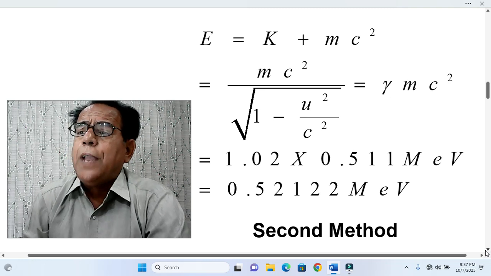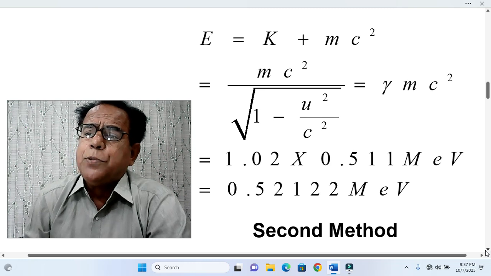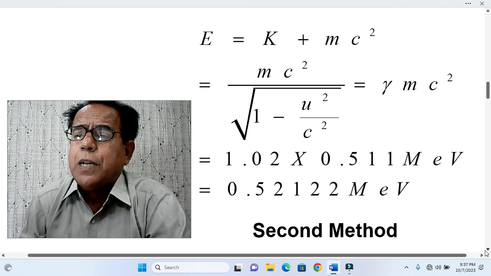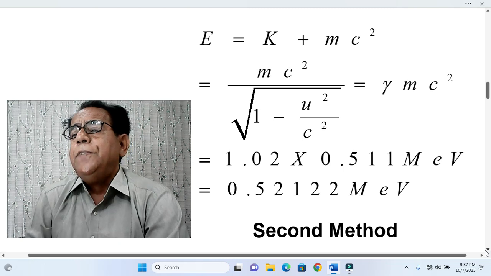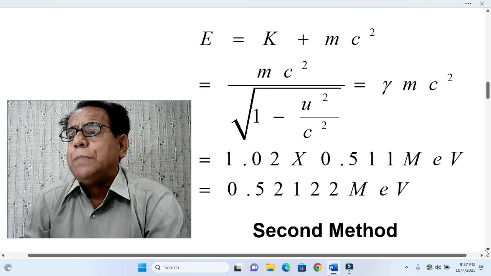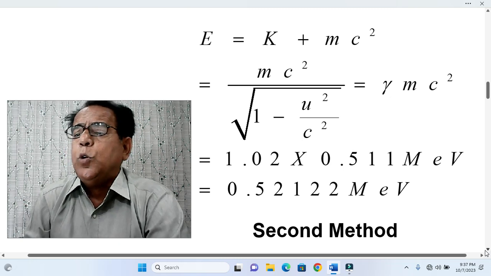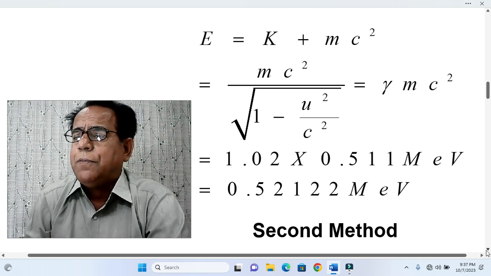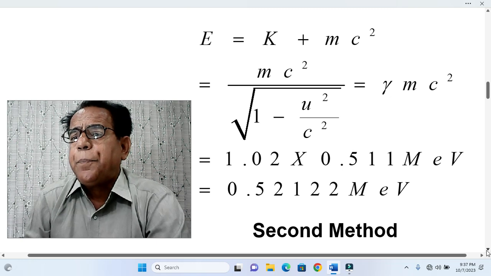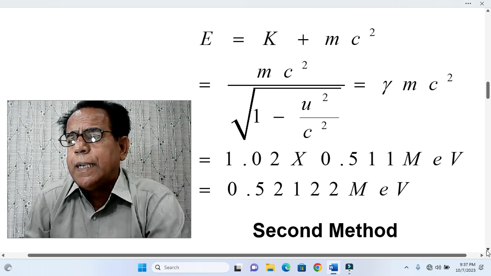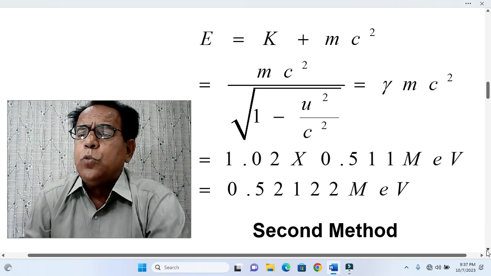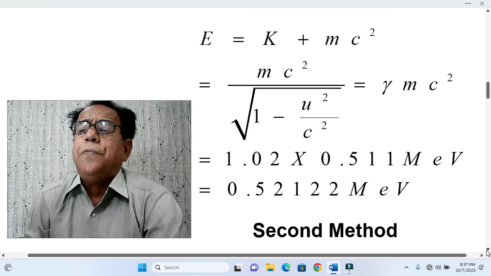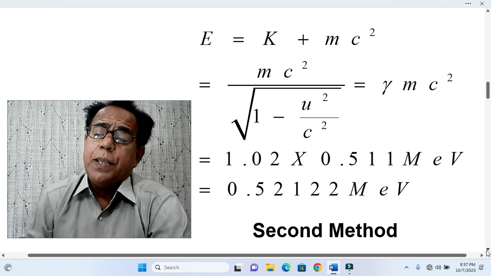We have found the value of gamma in our previous step, so we put gamma as 1.02, and the value of mc square has been provided in the problem, which is 0.511 million electron volt. In this way our total energy becomes 0.52122 million electron volt.